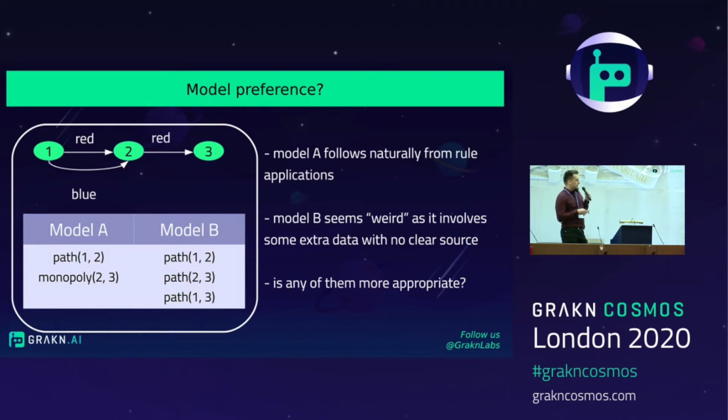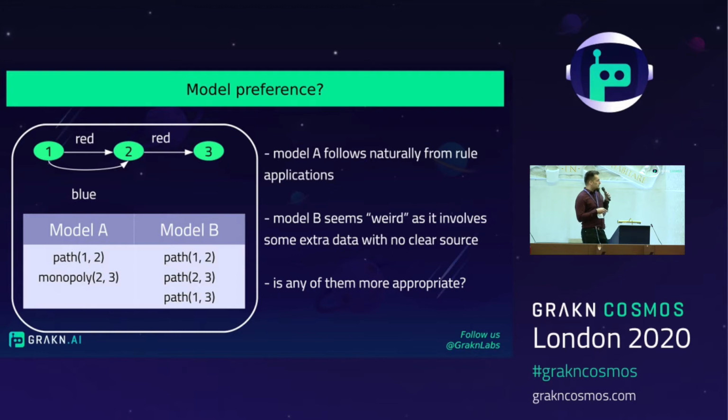Model A is the intuitive model for us. To produce model B, we need to look at the clauses and try to think of facts that would satisfy them. You could say this is an abductive approach to reasoning. We're looking for facts that would make our clauses true.